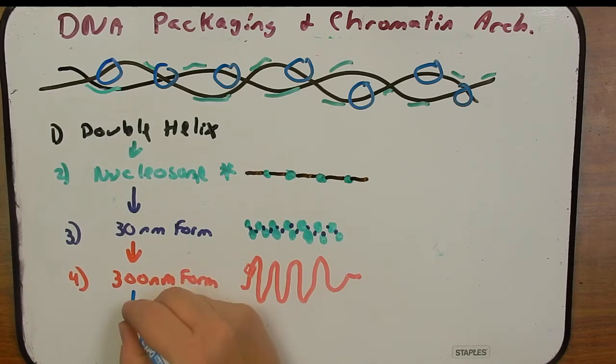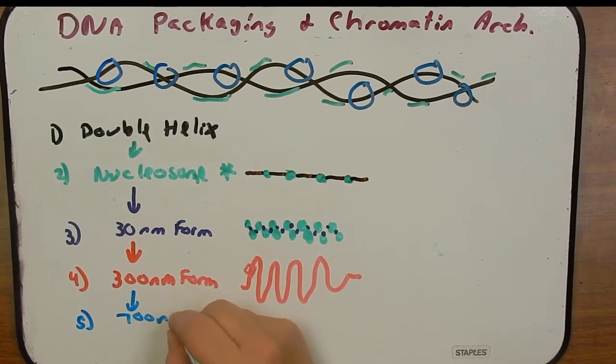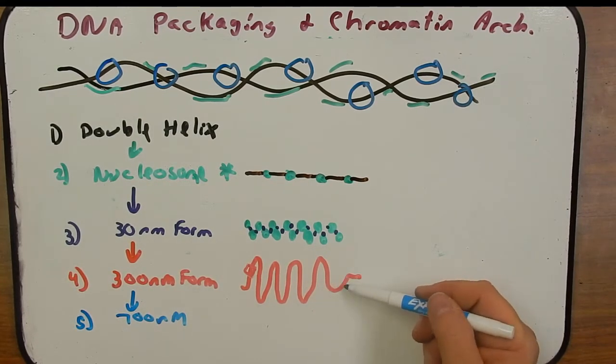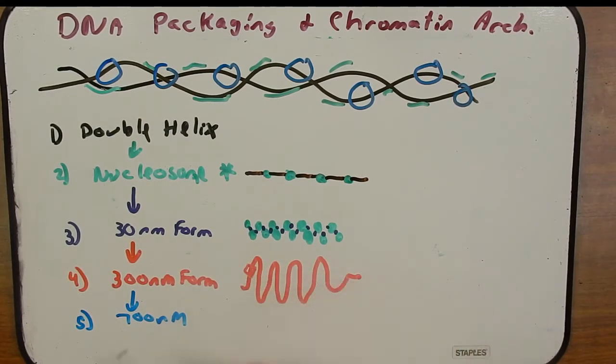It then condenses more to about the 700 nanometer form, which is just a further condensation of the 300 nanometer form. And then ultimately, we'll see the mitotic chromosome. Anytime you've looked at a karyotype and you see all those chromosomes on them, that's what we see here, the fully condensed form of the packaged DNA.